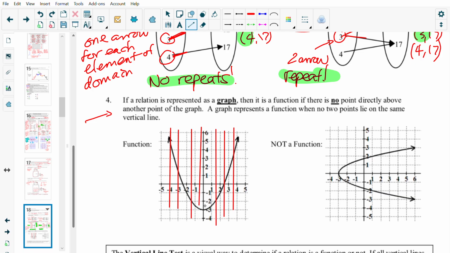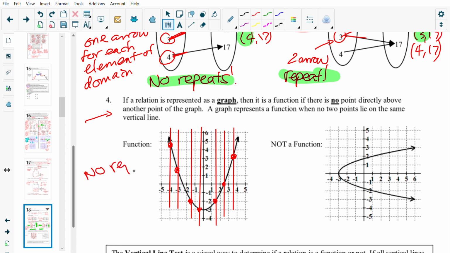Why is this important? Because if I'm only going through 1 point, here, and here, and here, and here, I'm not repeating elements of the domain.